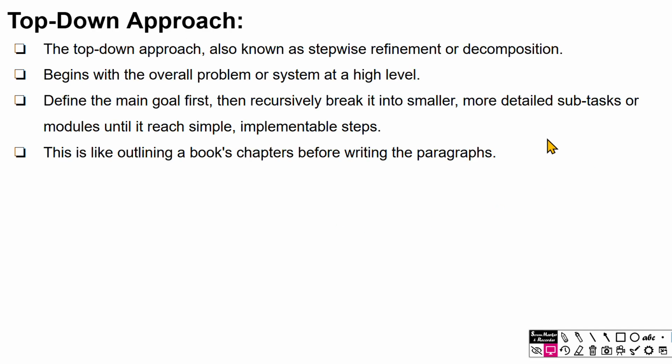Now, the top down approach, as we have seen, is a decomposition method. We have a main program that is decomposed into subprograms. It begins with a larger program at a higher level.